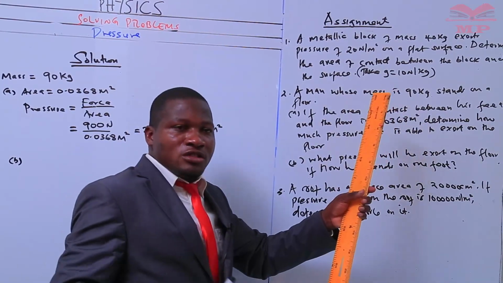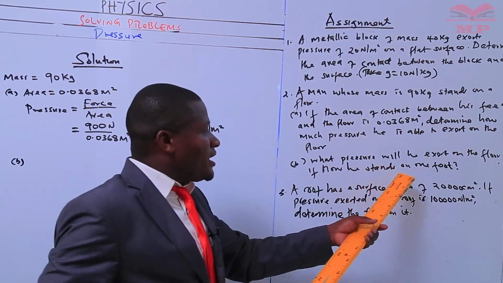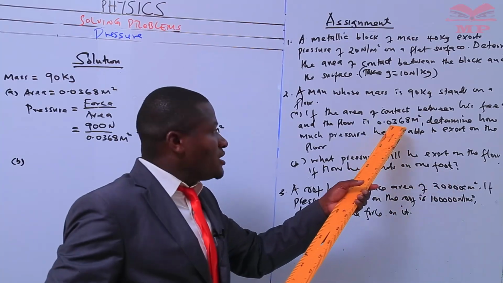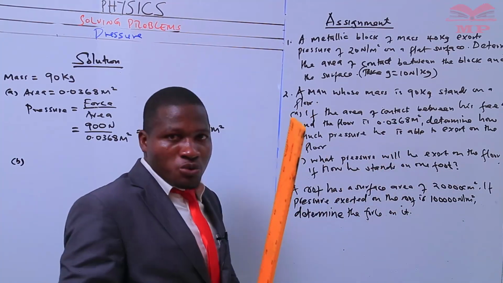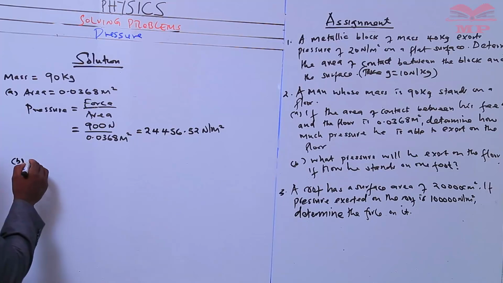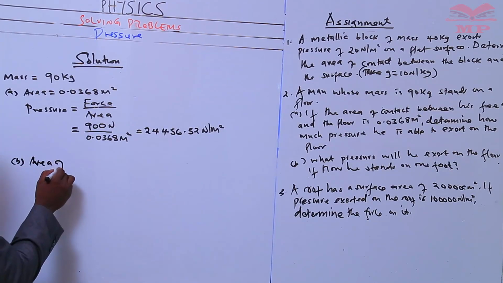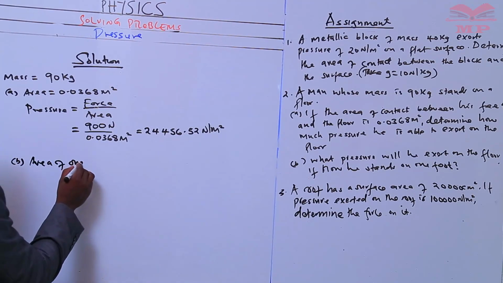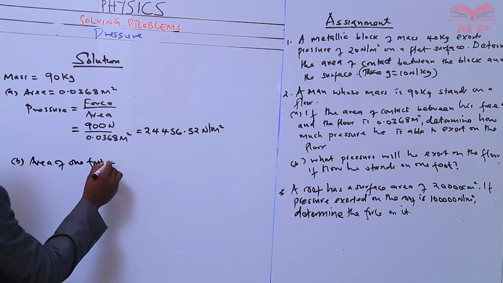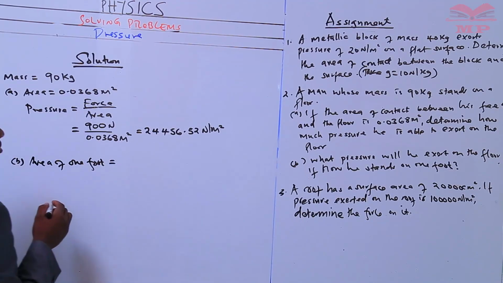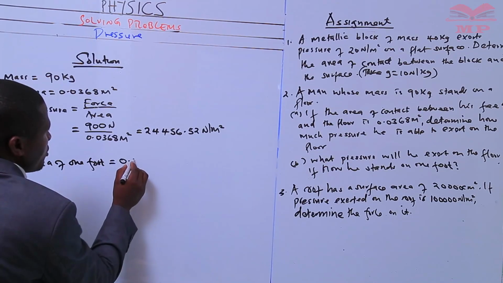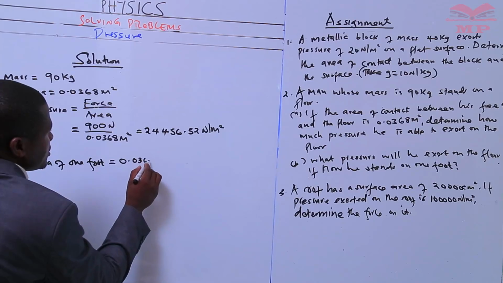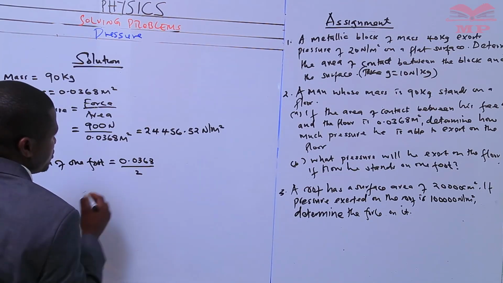So for 1 foot, we are going to calculate the area of 1 foot by dividing the given area by 2. So you have area of 1 foot is equal to 0.0368 divided by 2.